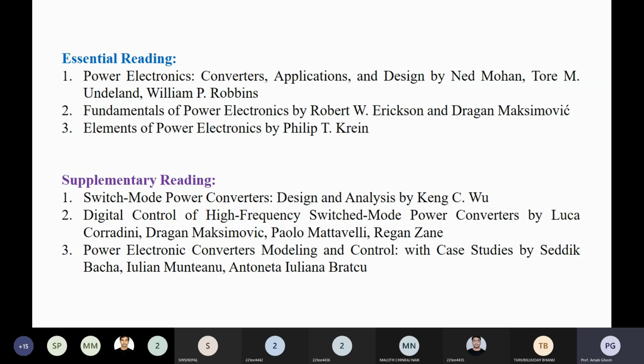There should not be any theoretical backlogs, like I don't know machines well, I don't know power systems well, I don't have any idea of control systems. It should not be like that. You have to know the subjects very well. That is number one: the fundamentals, the foundations of electrical engineering.